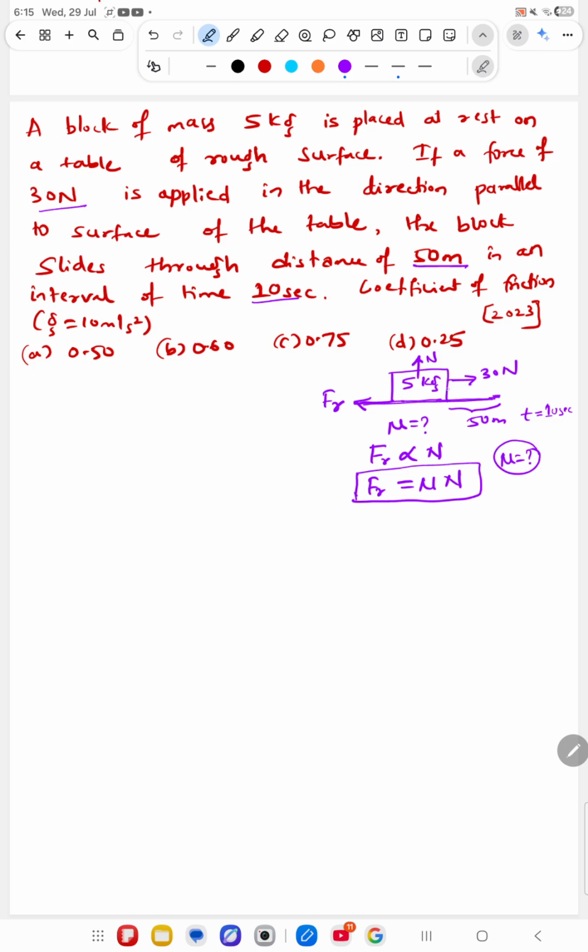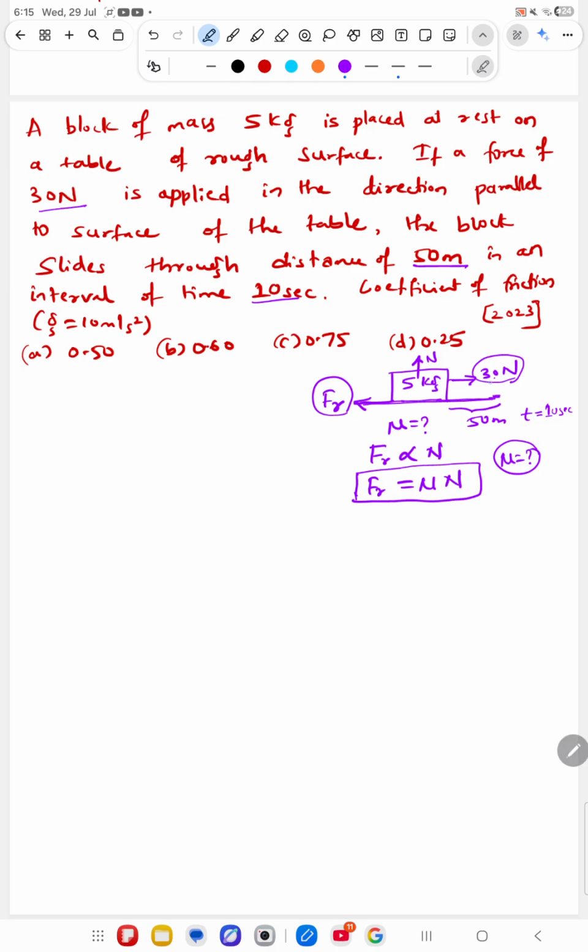Now if I look at the horizontal forces, the 30 Newton force is acting horizontally and exactly opposite to that is the frictional force. The difference between this 30 Newton force and the frictional force makes the object move in the applied direction.